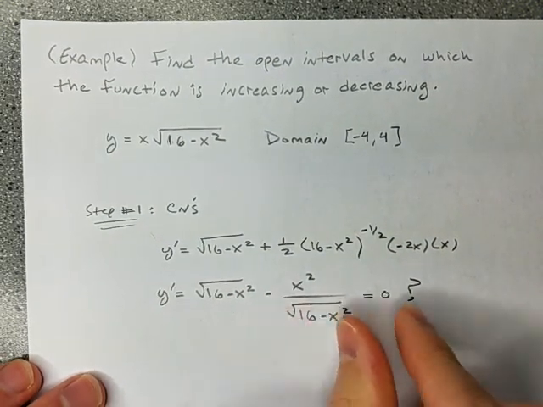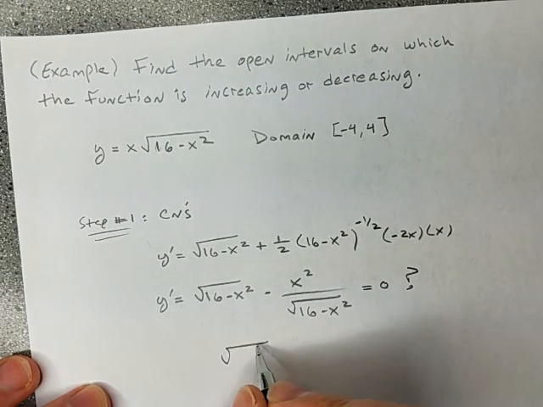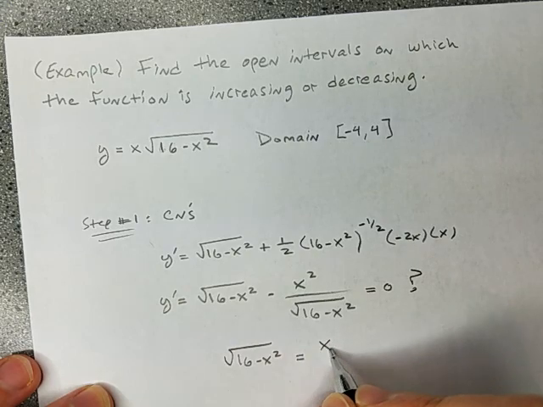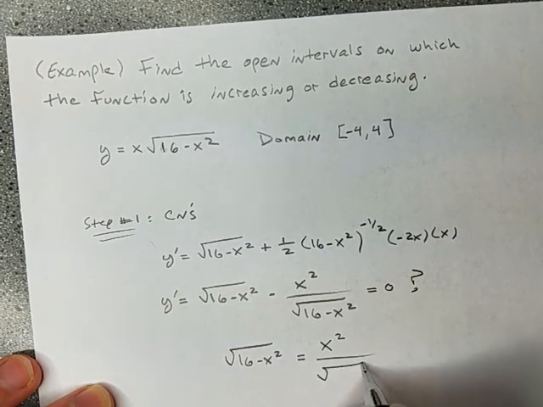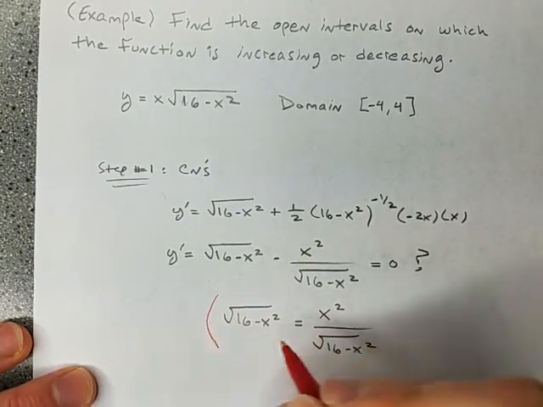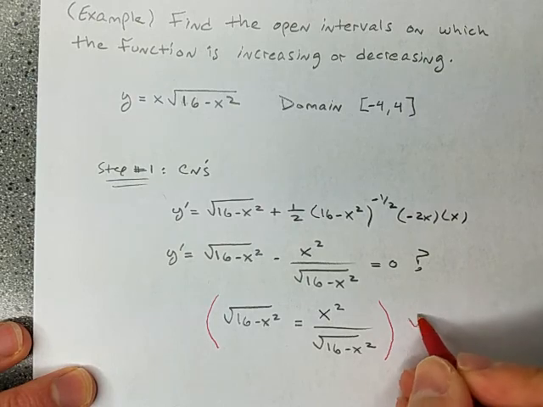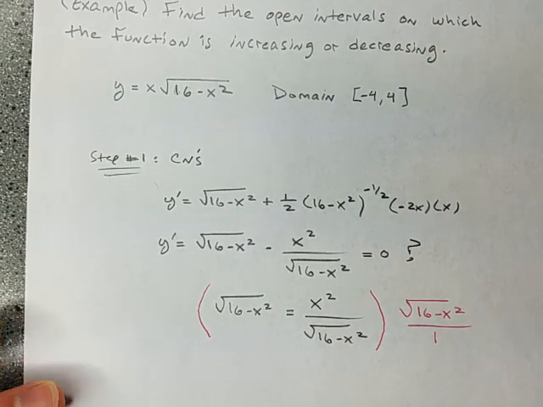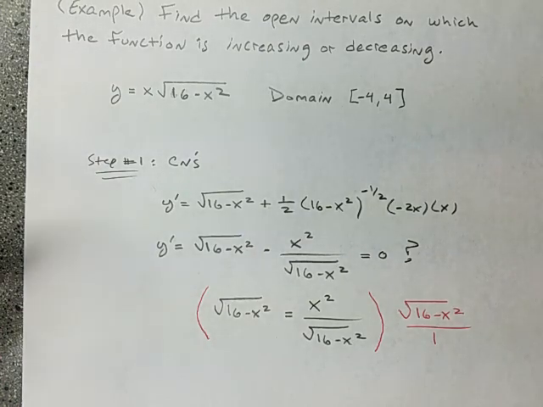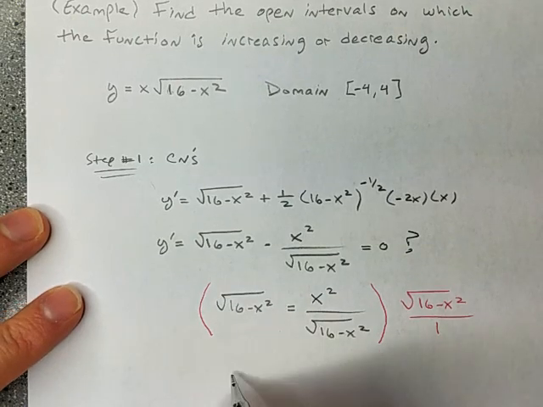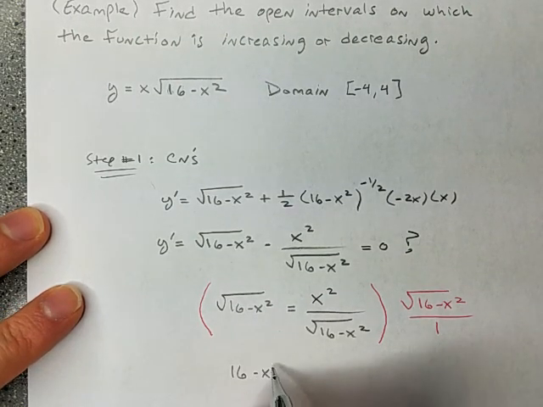Say we take this term and move it to the right. Okay, then we're going to get like so. And say we take this and we multiply like this. Okay, what do we get then? Well, root 16 minus x squared times root 16 minus x squared is 16 minus x squared.